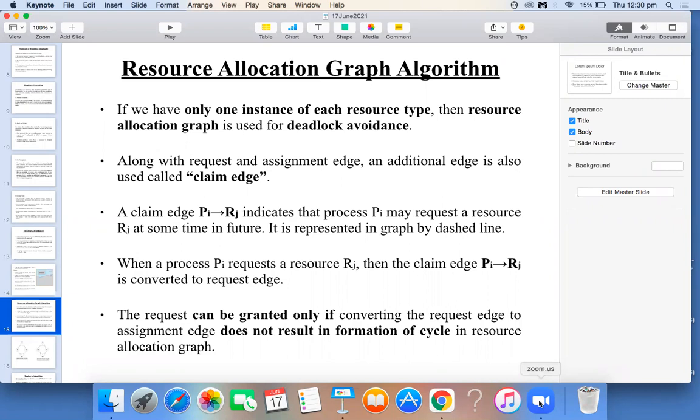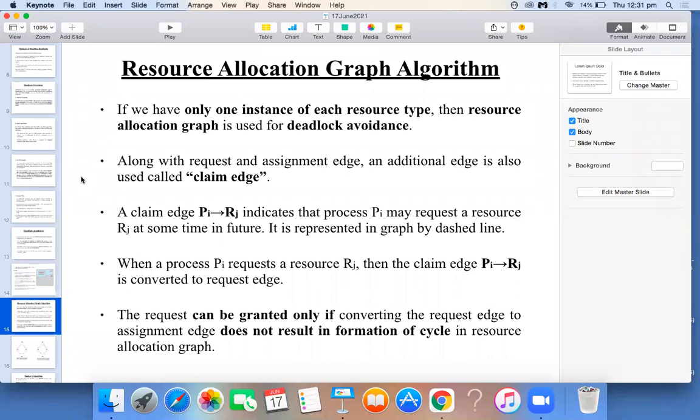What is the resource allocation graph? It was already done in the last class, correct? It contains vertices and edges, I told you, right? What do the vertices indicate in a resource allocation graph? Processes and resources. Yeah, right.